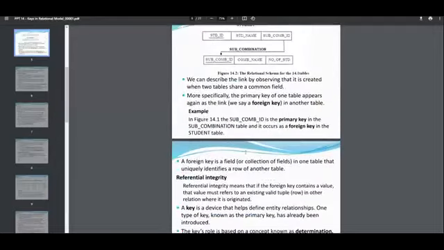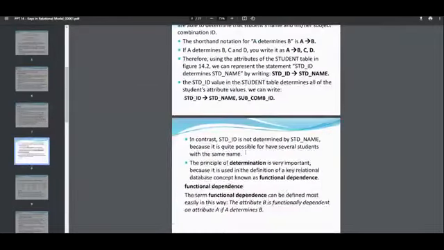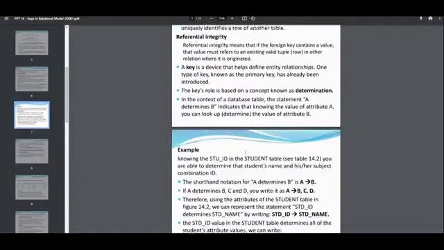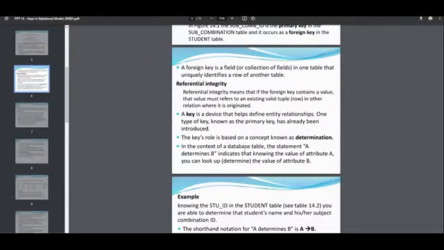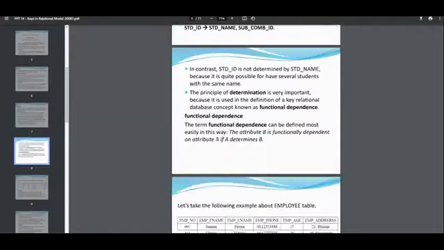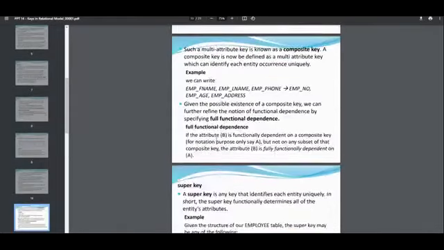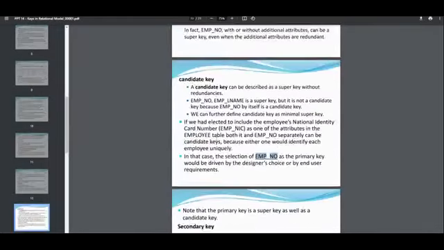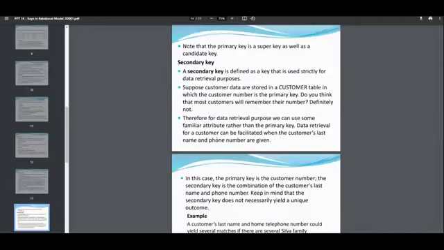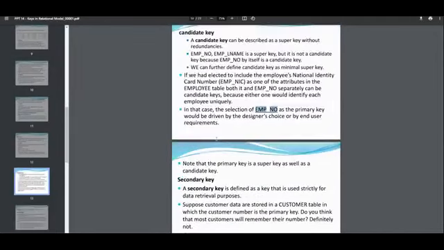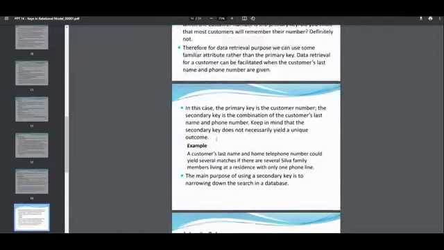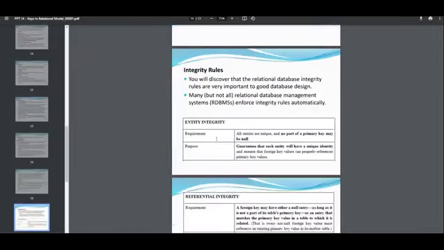And we mentioned that this is discussed under relational integrity, and different keys like secondary, composite, candidate kinds of keys.